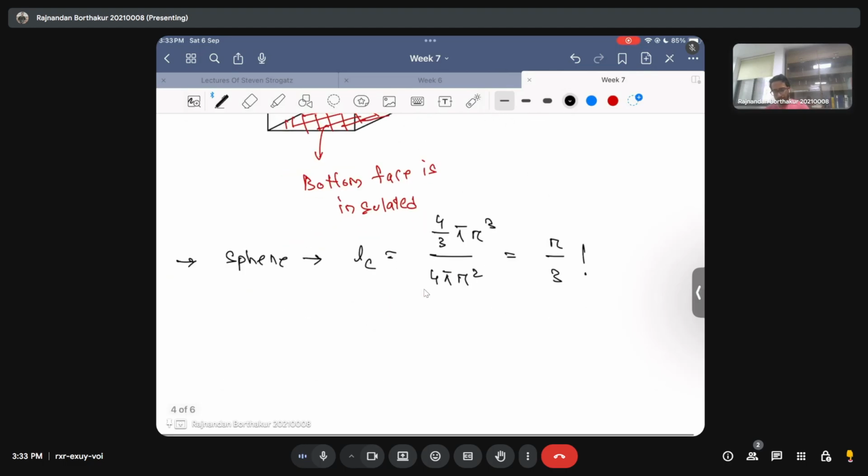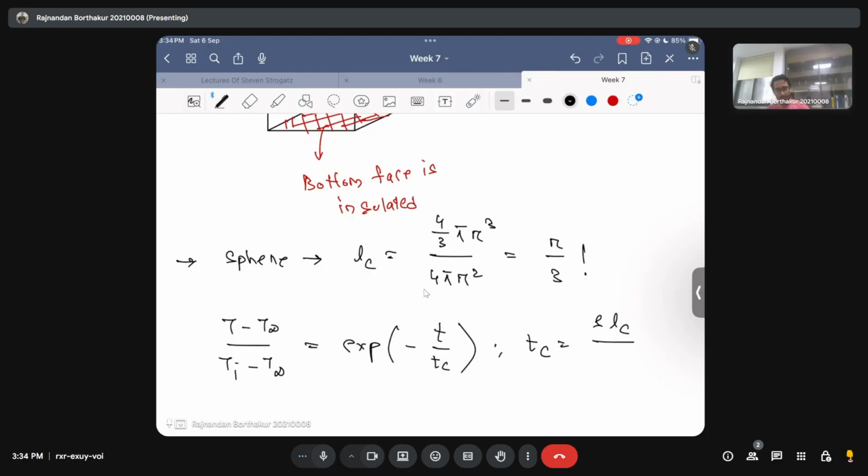So in that case, you can write your expression for the temperature profile, which we just wrote as T minus T infinity by Ti minus T infinity, and this is equal to, as we saw, exponent of minus t by Tc, where now you can write your Tc as rho times the characteristic length times the heat capacity by h. So we have written the time constant in terms of the characteristic length now.